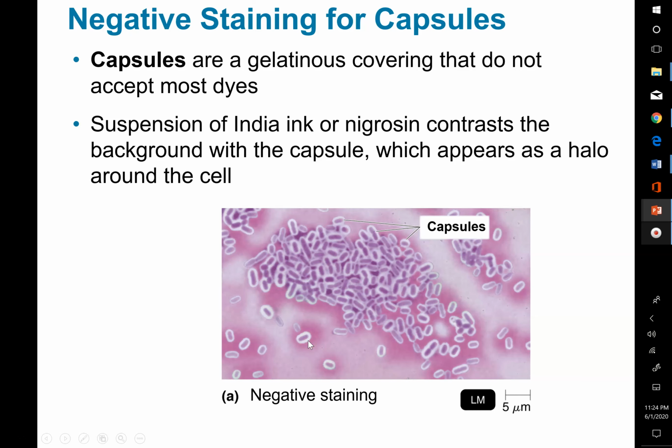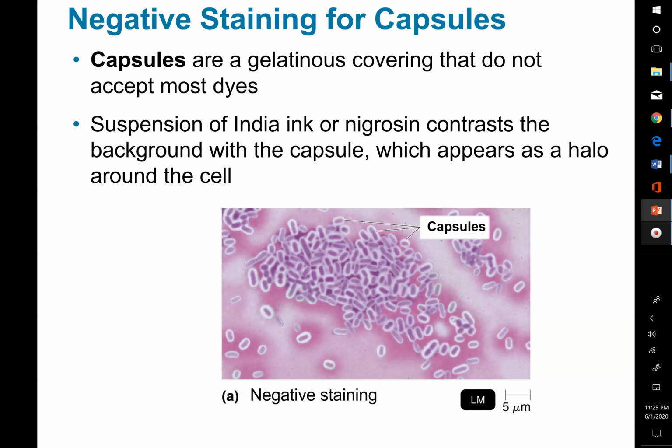And then they're going to take an acidic dye, a negatively charged dye. There's a variety of them. In our capsule stain procedure in our lab, we use one called Congo Red. In Manival's, it's a special capsule staining procedure. Those chemicals don't really matter at this point, but they're going to use a negatively charged dye that's going to stain the background.